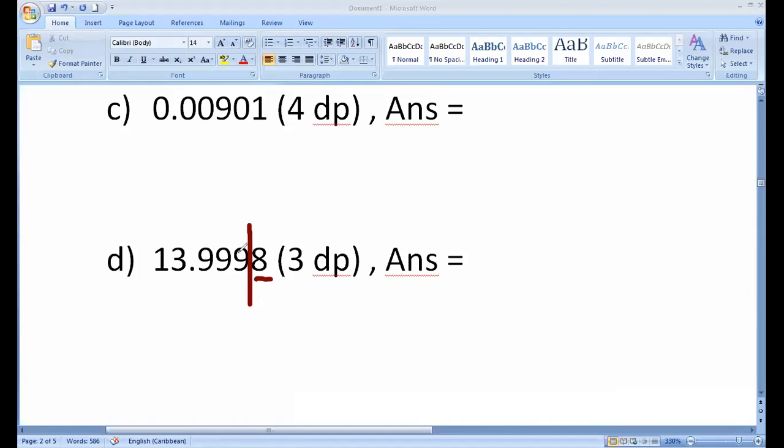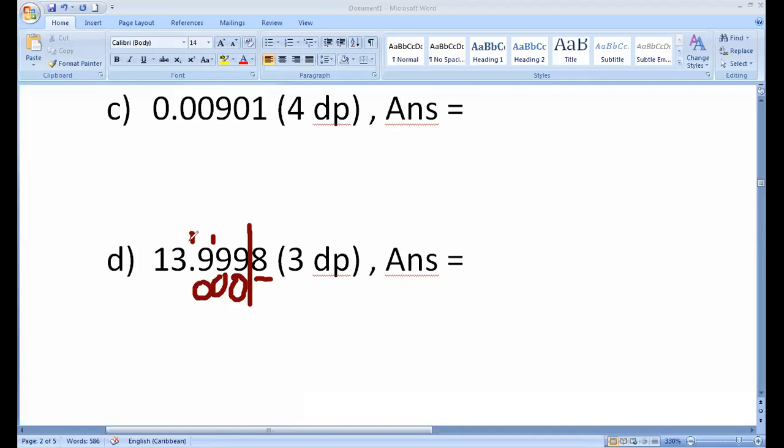When you add the 1 to the 9, you get 10. So the 9 becomes 0 and you carry the 1 to the other 9. 9 plus 1 will give you 10 again, so it becomes 0, and you carry another 1 to the next 9, which becomes 0, and you get another 0.